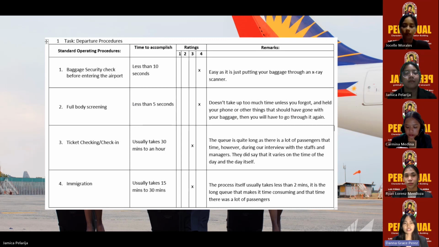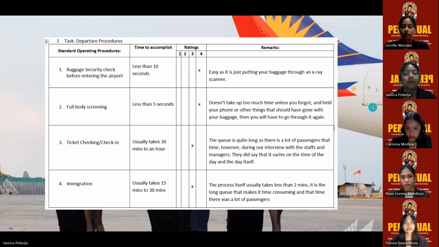The whole process usually takes almost 2 to 3 hours and varies depending on the number of passengers that are waiting for departure as well. The procedures are mostly followed, especially the first two procedures. However, during the observation, we noticed some slight delays or minor inconveniences for the passengers.